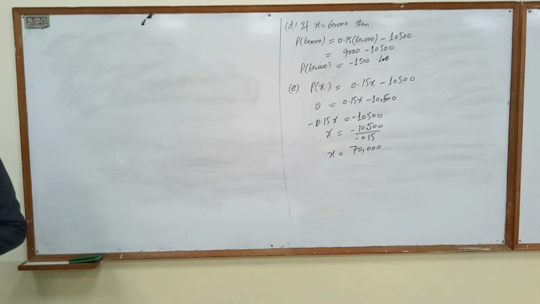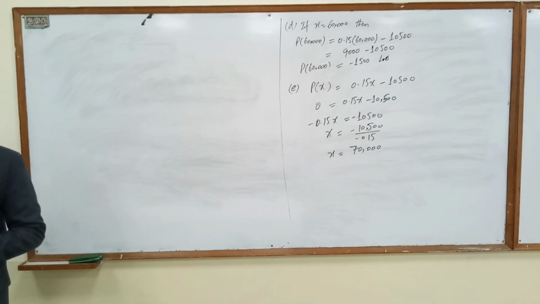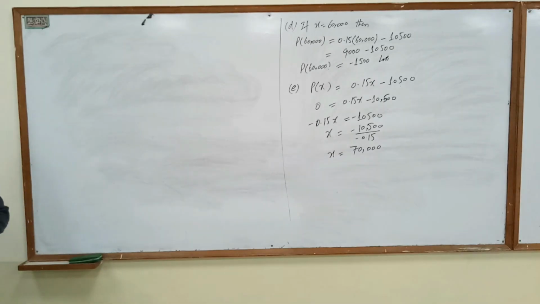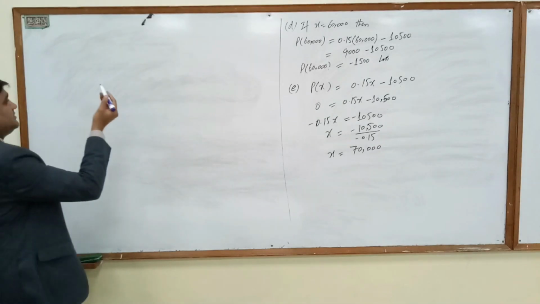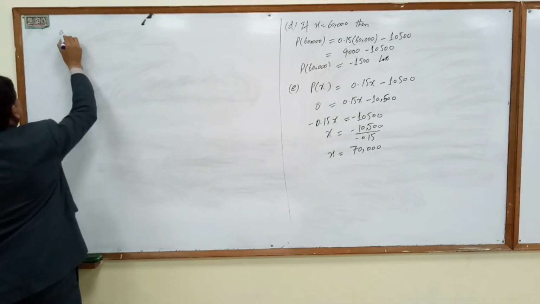X1 is related to regular and X2 is related to premium. So it's already stated. We don't have to assume by ourselves, it's given that X1 is regular and X2 is premium. Now we can solve question number 9.